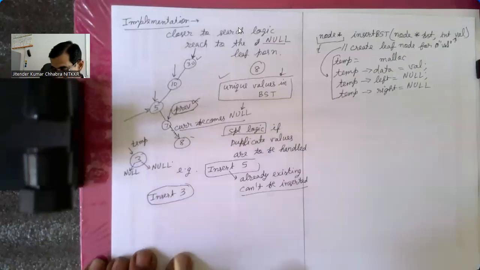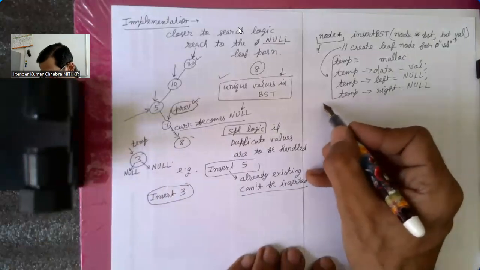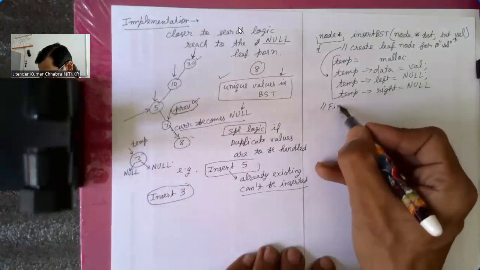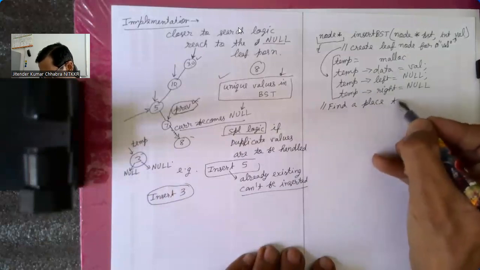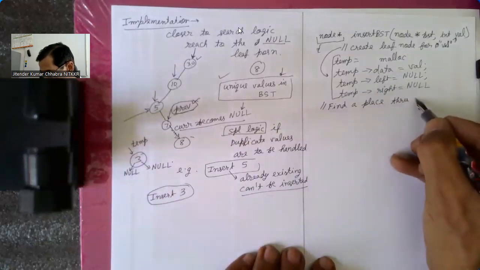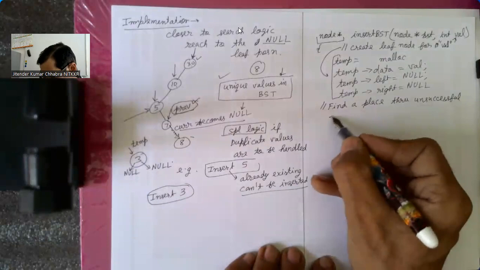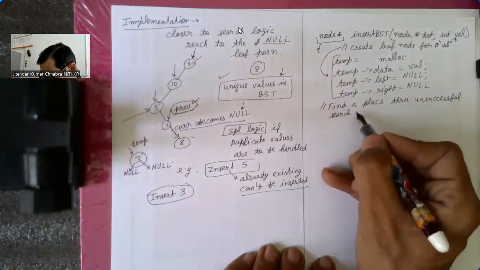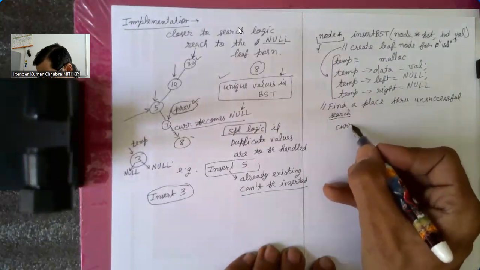This node is ready by this state. Now I have to find a place for 3 to be inserted, and effectively through an unsuccessful search, I have to find a place. So that means more or less my search logic has to be written.